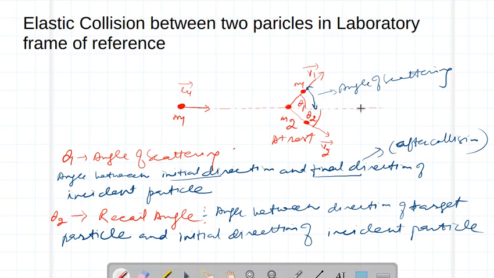So it is the direction of incident particle and it is the direction of the target, because this is the target particle and it is its direction after collision, right? So this angle is known as recoil angle.